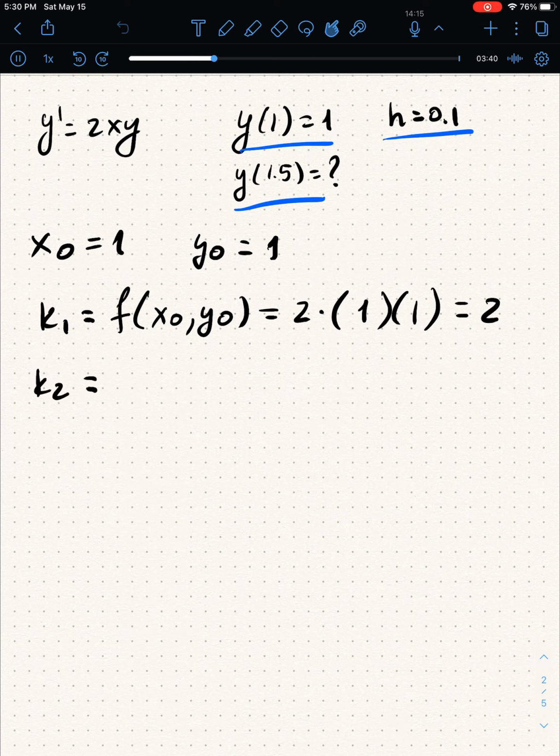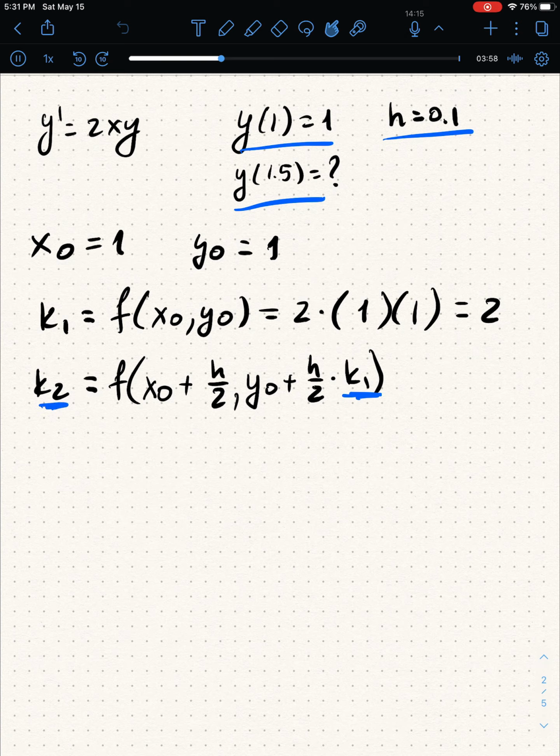Now K2 is where it gets a little bit complicated. We get our function of x naught plus h over 2 and y naught plus h over 2 times K1. Interesting feature: the next weight, K2, is dependent on our previous weight, K1.